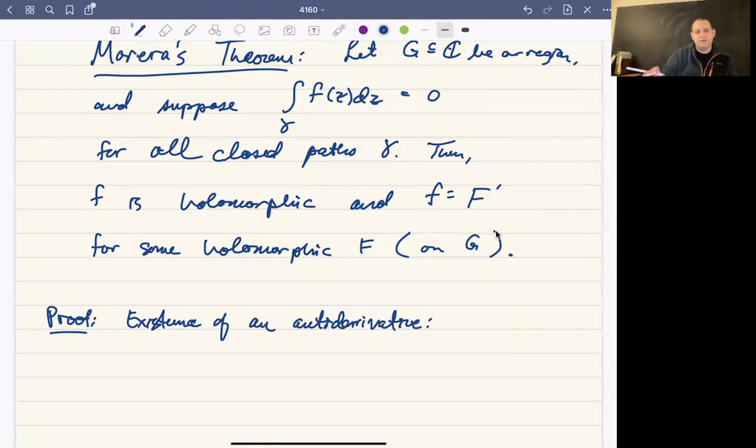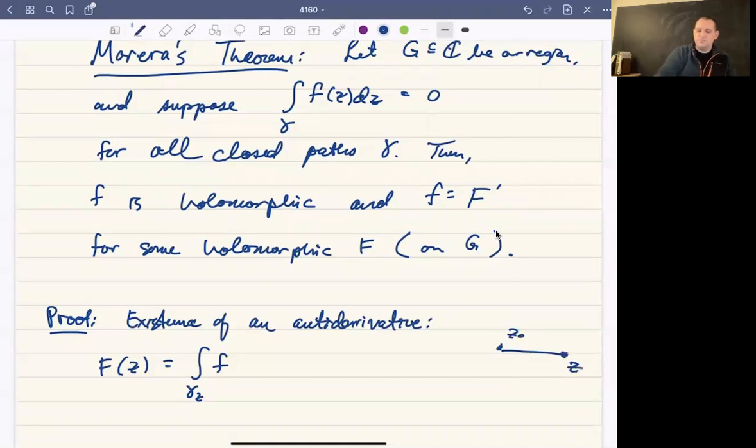If you remember, we defined a function capital F that was the integral of little f over gamma sub z, where you start at a fixed point and then think about some path that varies, going from some z naught to z.